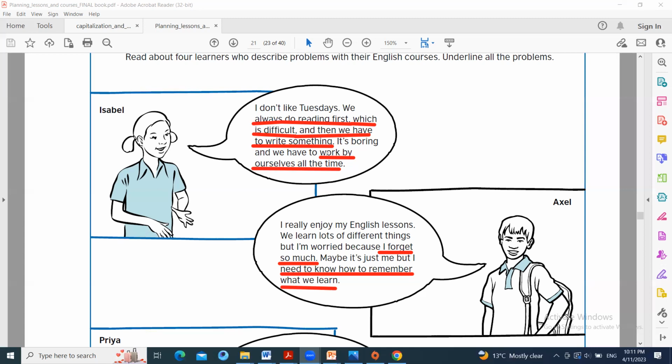The lessons on Tuesdays are predictable, always the same. They lack variety in terms of interaction patterns. Isabel's teacher could vary or make changes. So he can vary the lesson.